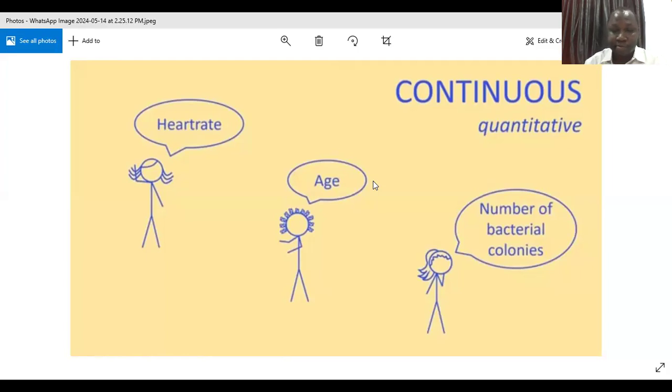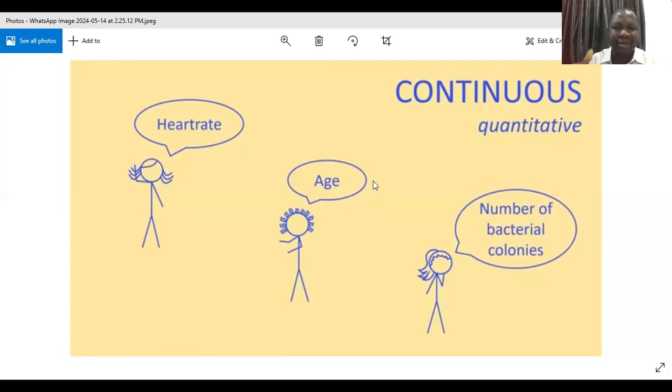So now, if you have options in the questionnaire, it is already categorical. But if it's an open-ended questionnaire, it means it is continuous. Majorly, continuous data are data that are numbers.